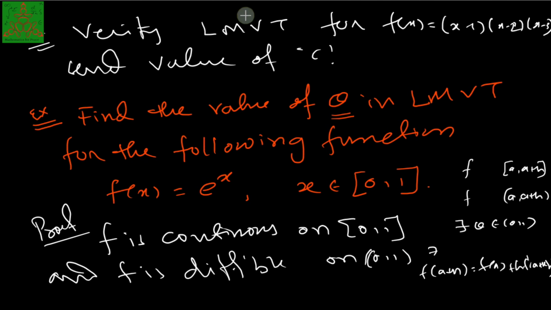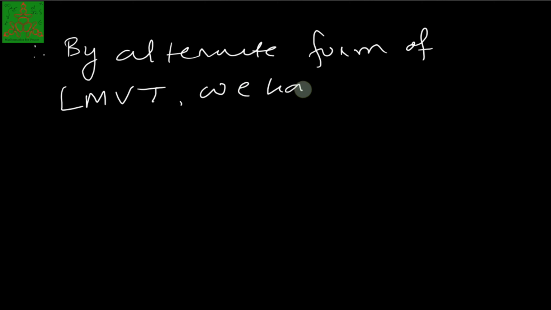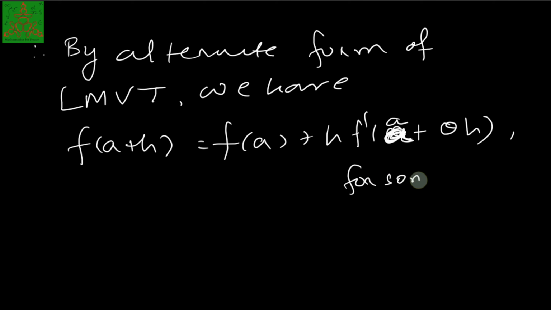Then by LMVT, by the another or alternate form of LMVT, we have f of a plus h is equal to f of a plus h into f dash of a plus theta h, for some theta between 0 and 1.